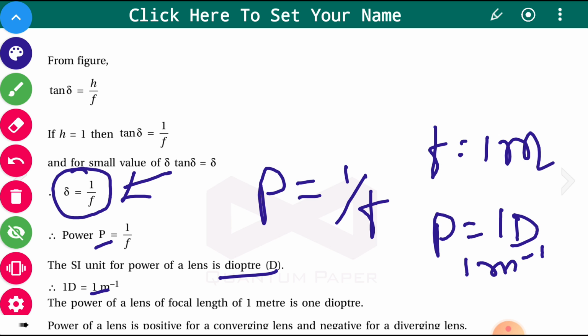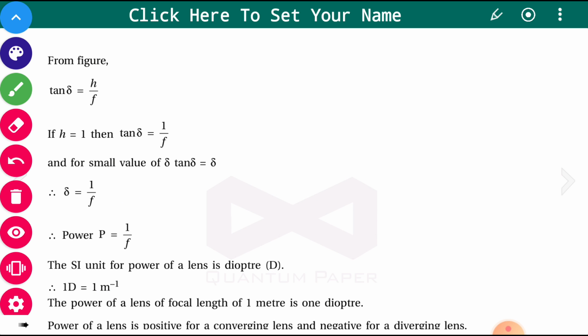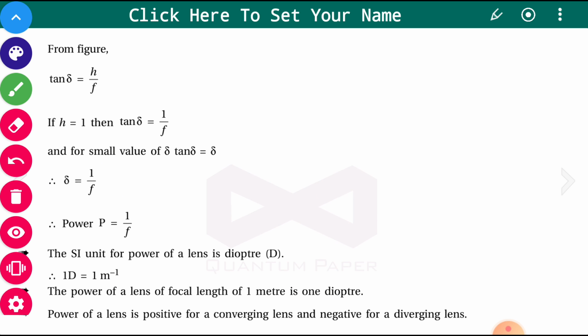Power of a lens is positive for a converging lens. Converging lens means the lens which is converging the light rays, that is a convex lens.